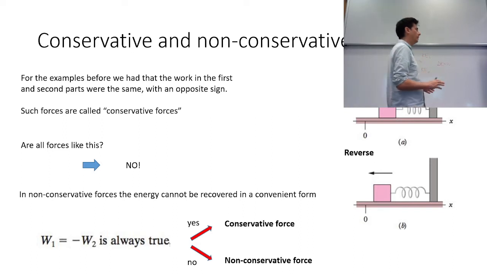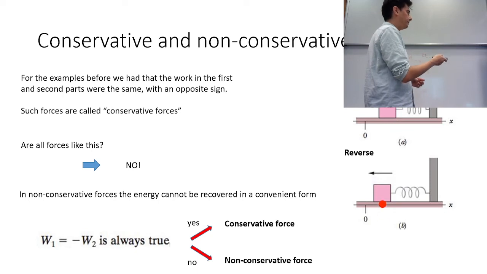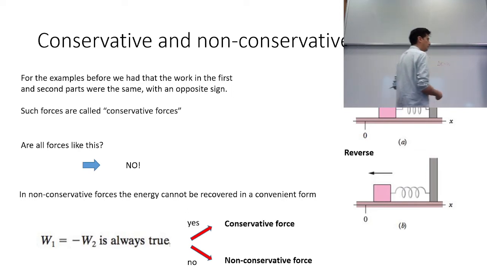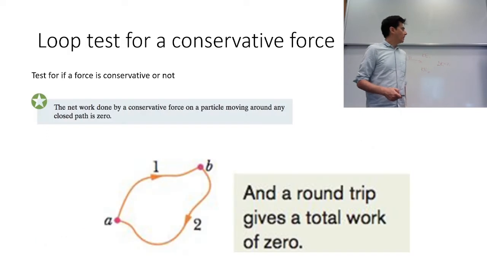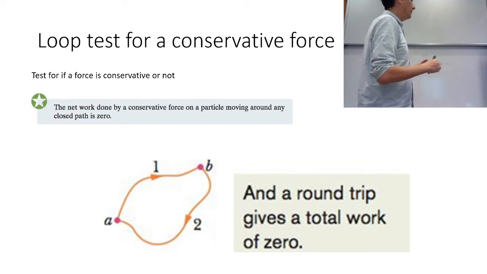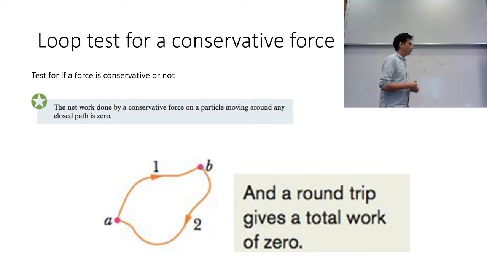We're only talking about the potential energy here, so we've got the same configuration, start to end, and we're going to test whether the work done in the forward leg is the same as the backward leg. This is the test. More abstractly, this is our definition of a conservative force. So we do a loop test.